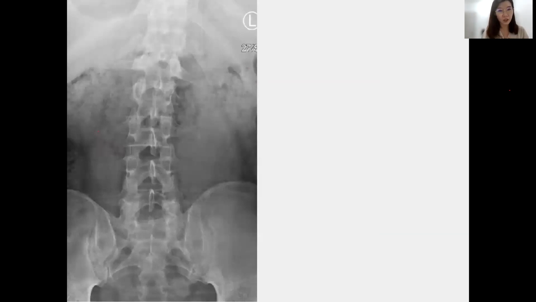These are quite subtle. This is also the review area I mentioned just now for abdomen X-ray. Okay, anyone? It's getting harder, I feel. Easy, this one.